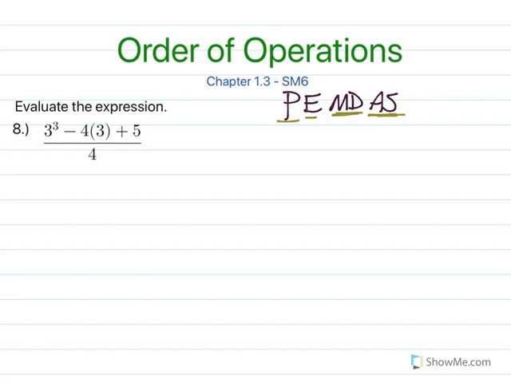So I'm going to do the exponent first. So I have 3 to the third power, which is 3 times 3, 9 times 3 is 27. So I have 27 minus 4 times 3 plus 5 all over 4. Okay, I'm going to do 4 times 3 now. So I have 27 minus 4 times 3, which is 12, plus 5 all over 4.